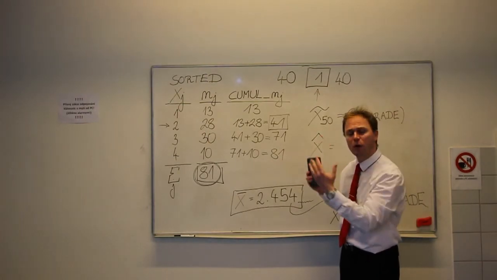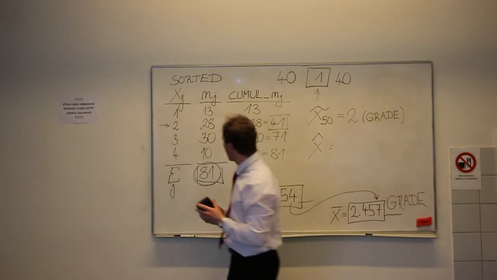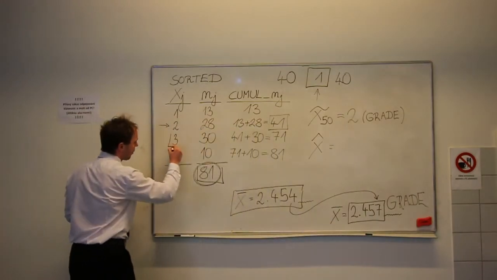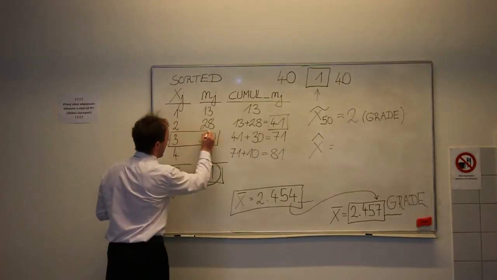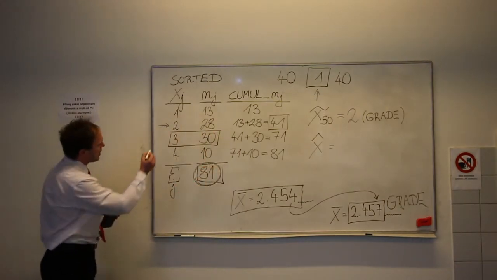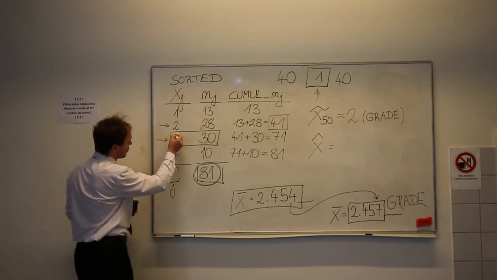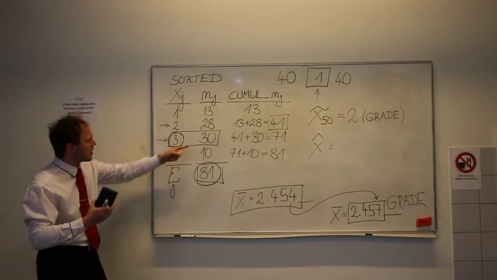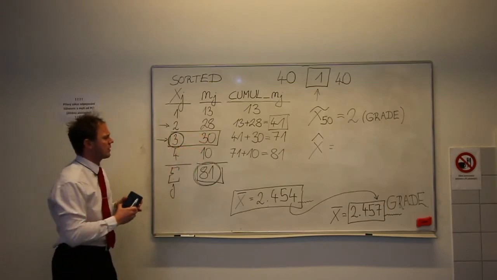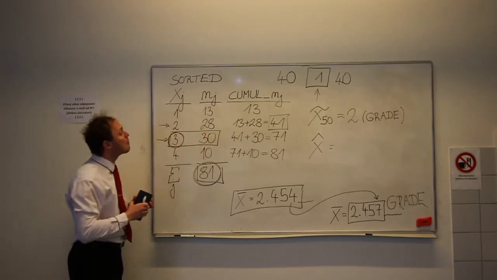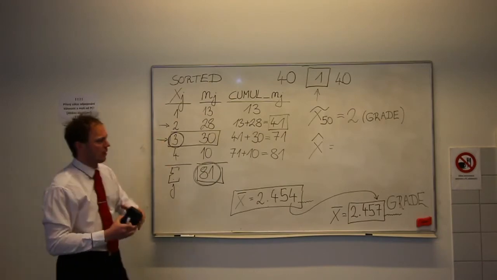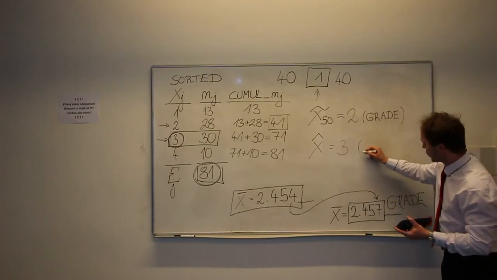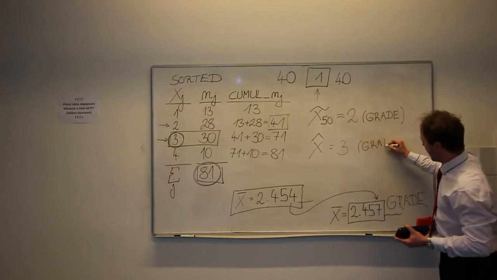The most frequently occurred value in this sample is grade 3, because grade 3 is reached by 30 students, and this number is the largest. So the most frequently occurred value is 3, and 3 is also grade.